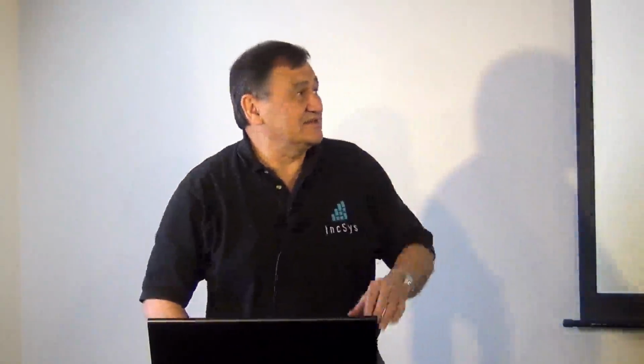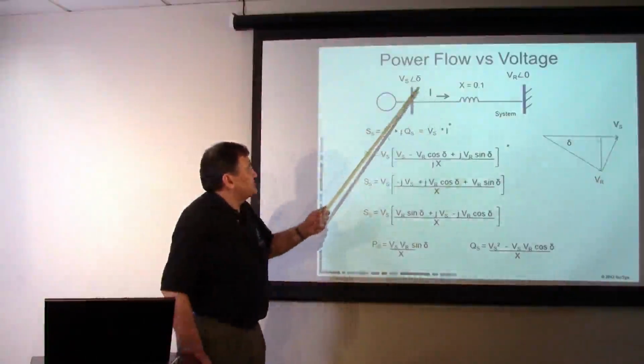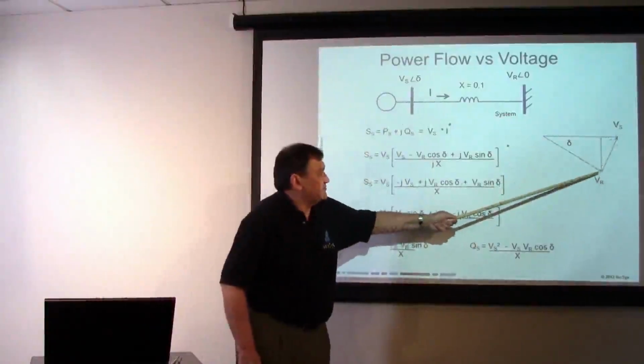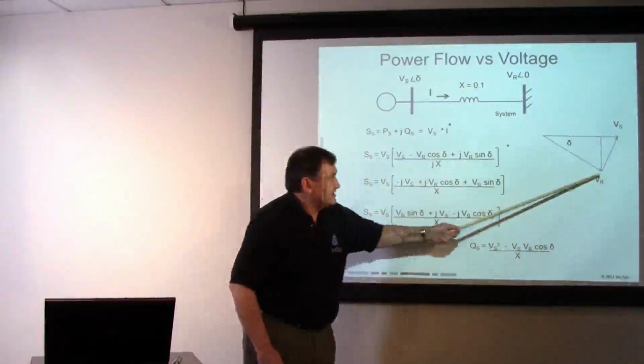In an AC power system, we take that very same principle and we generalize it with complex numbers, okay? So basically, if I have two voltages here, a sending end voltage and a receiving end voltage, I take the difference between those in a complex plane, and I actually get this vector here.